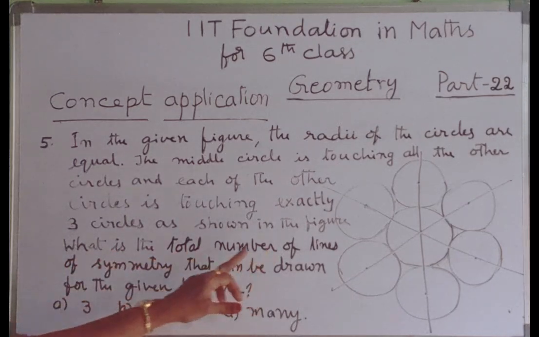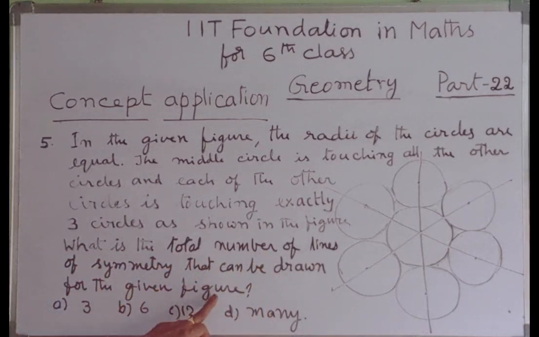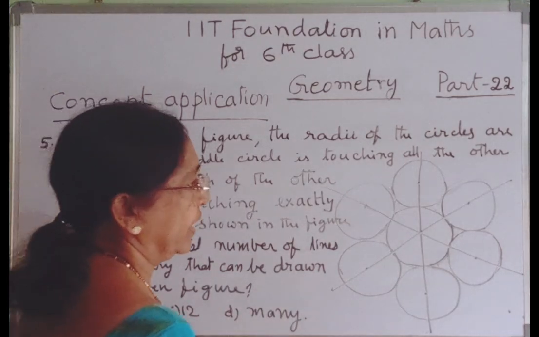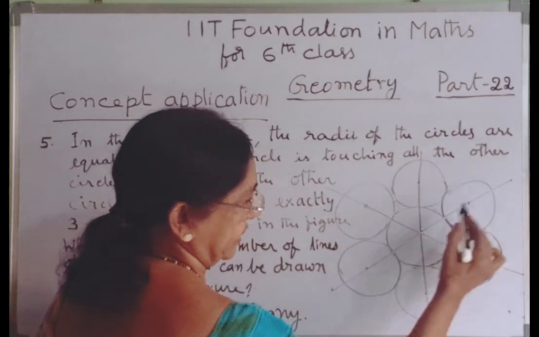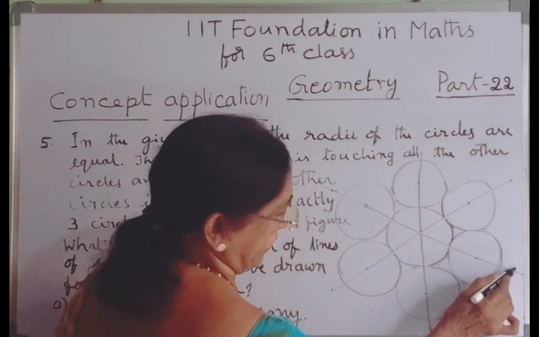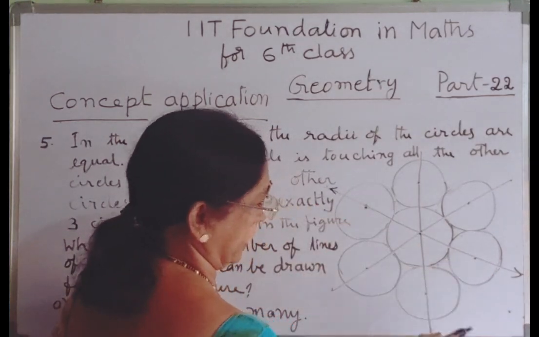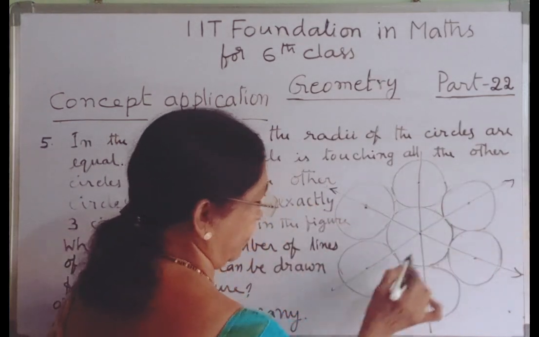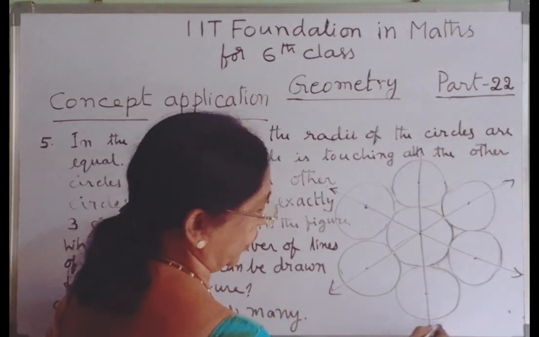What is the total number of lines of symmetry that can be drawn for the given figure? 3, 6, 12 or many? So there are some lines drawn already. Each of these lines is passing through the centers of 3 circles, and this is also passing through the centers of 3 circles, and this is also.